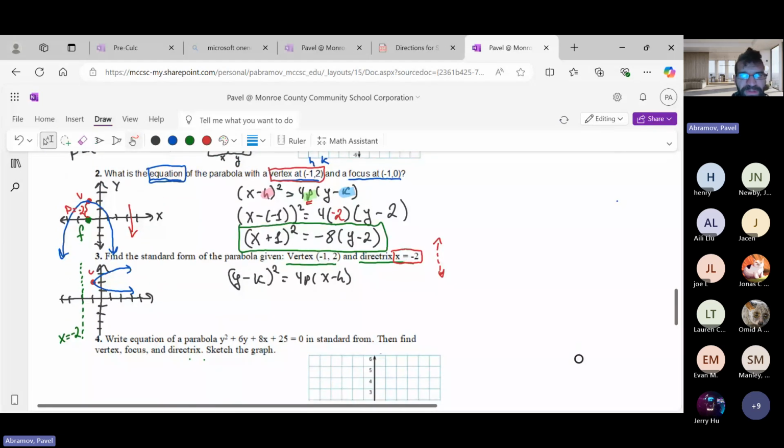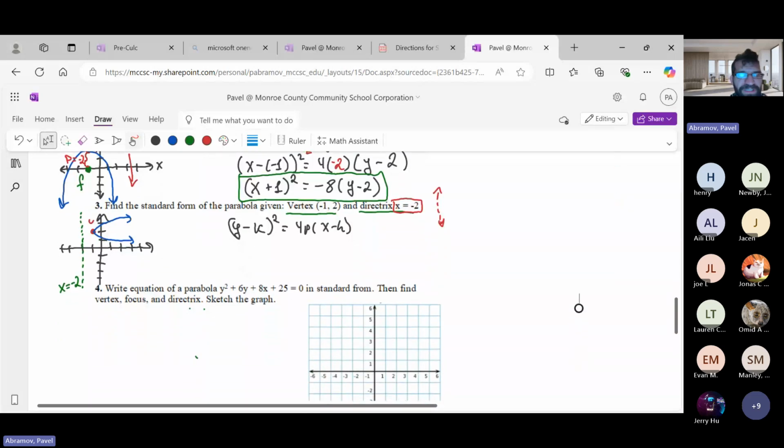In the previous example, the x component was squared. Now it's the y. Now from here, a lot of things are still the same. We need to know h and k, which is our vertex. So I'll erase this line. So this is our h and k. So be careful.